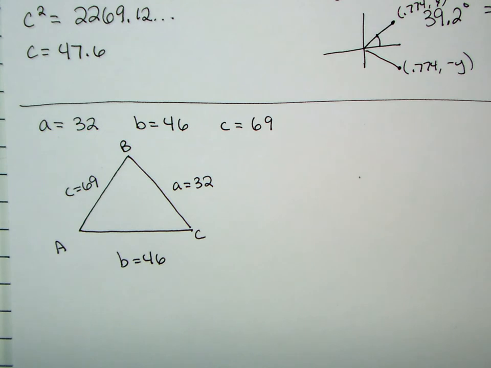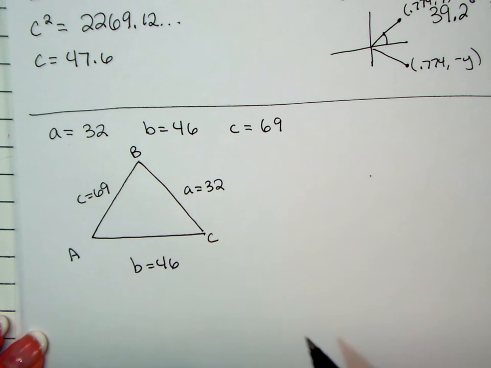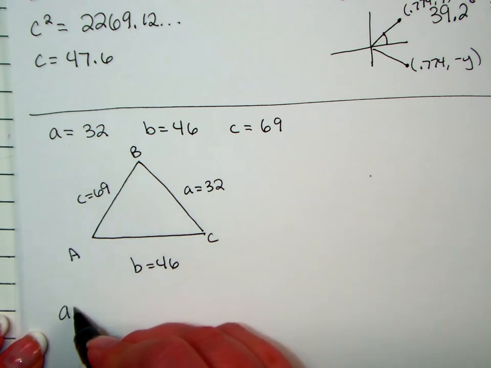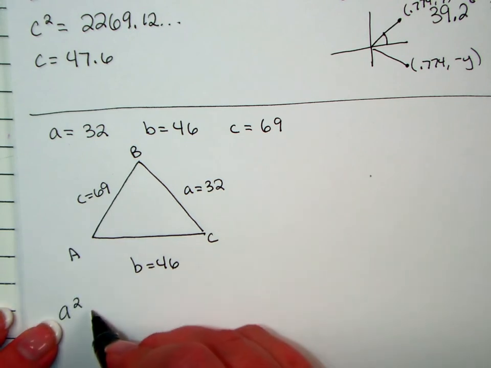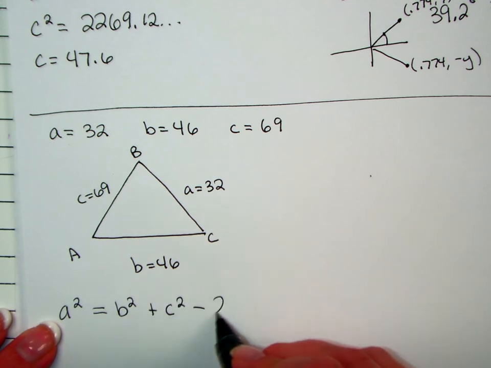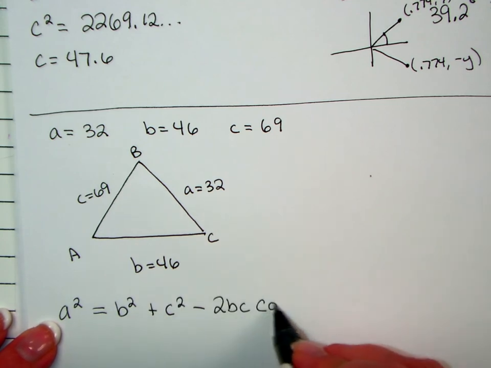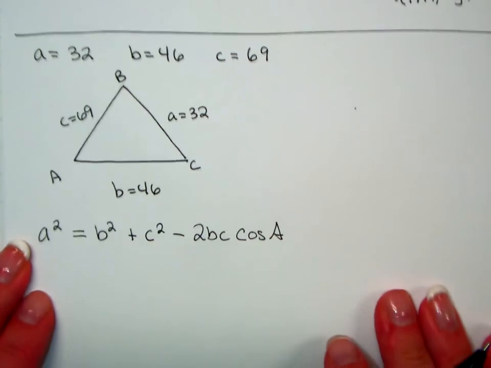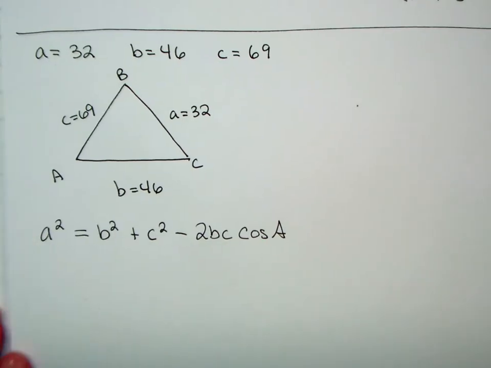So it really doesn't matter. I'm just going to start with A. Okay, so I'm going to use the law of cosines formula that has angle A in it. All right, which is this one, a squared equals b squared plus c squared minus 2bc cosine A.